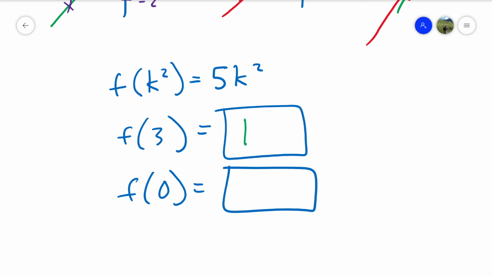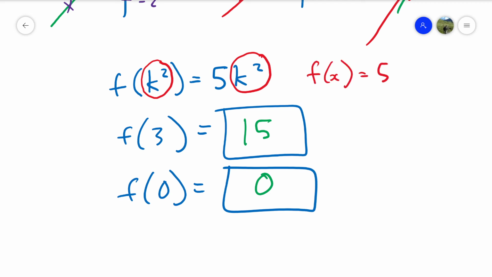The answers are 15 and 0. So skip to the next question if you're happy. Oh look, what's inside there is k squared, and that's k squared. Which means we could alternatively write this as f of x equals 5x, which means you're simply multiplying it by 5. There we go.